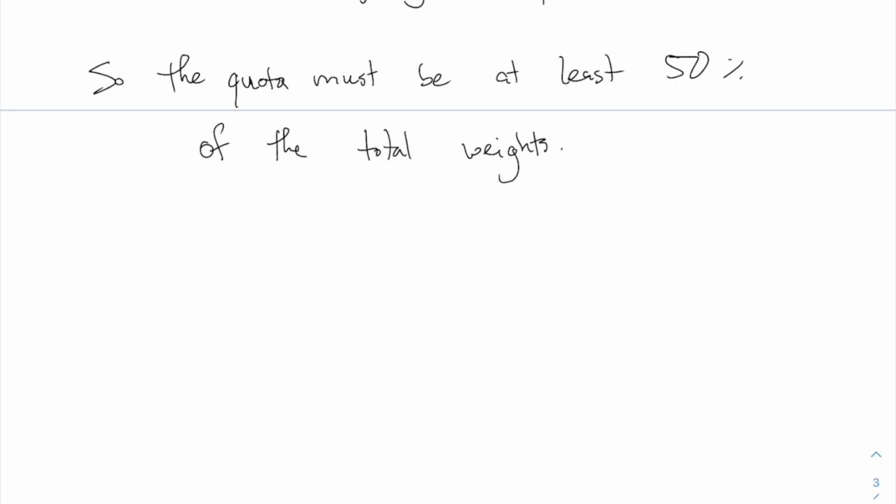It has to be at least a half of the total weights in the system. And so the way to write that is Q should be greater than, I'm going to write it this way. Writing inequalities, right? It should be more than a half of all the total weights. This ensures that you can't pass the law even if a majority are against it, all right?